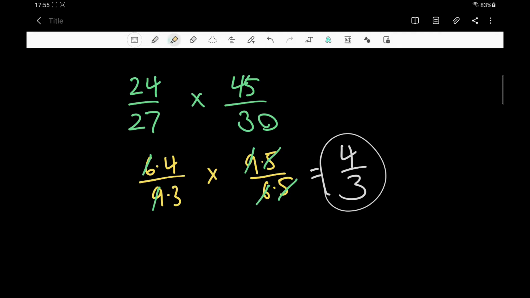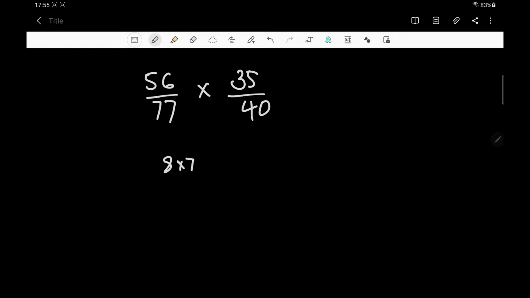Try this one. 56 over 77 times 35 over 40. So 8 times 7 is 56, and 77 is basically 11 times 7.